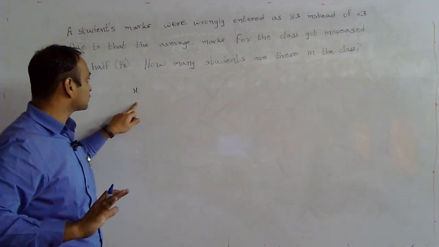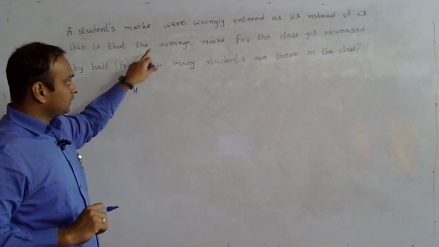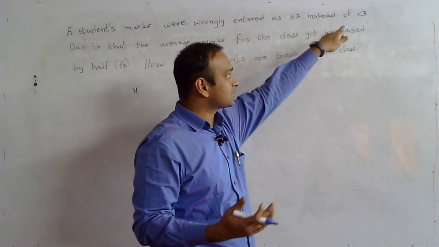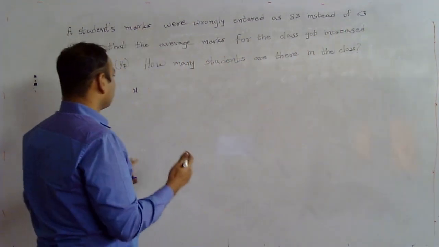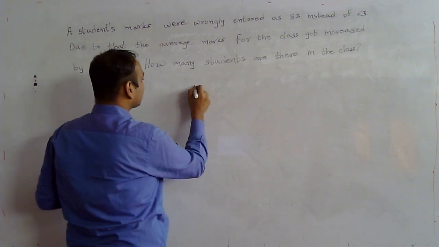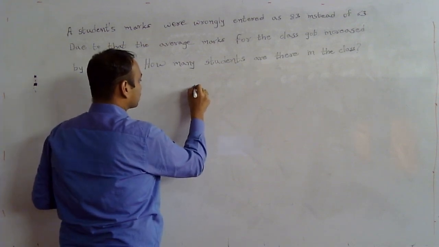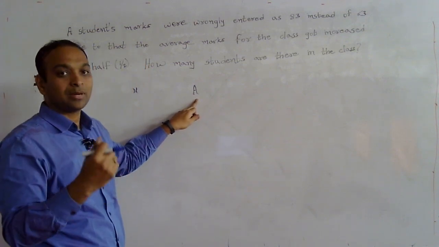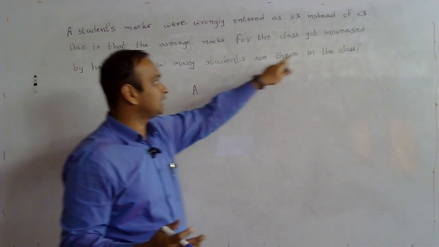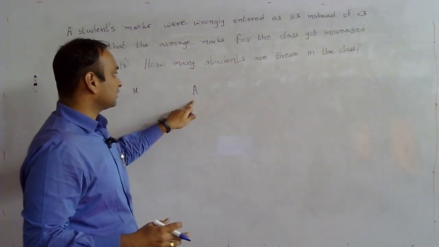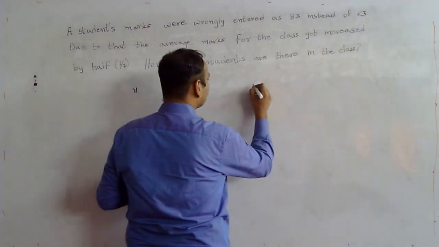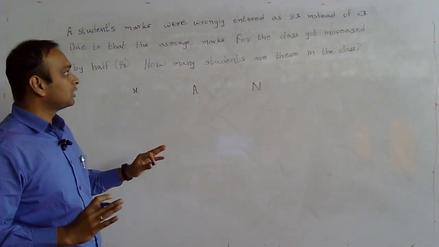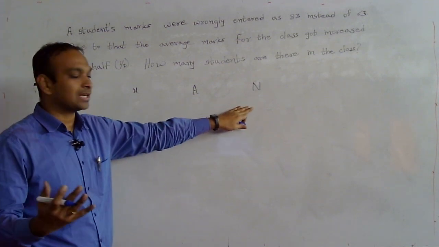X is the total number of students, and since 83 is the wrongly entered marks and 63 is the right marks, let's consider A is the average marks when the marks are rightly considered, that is when 63 is considered, and total marks we can consider N. So these three variables we can consider here.